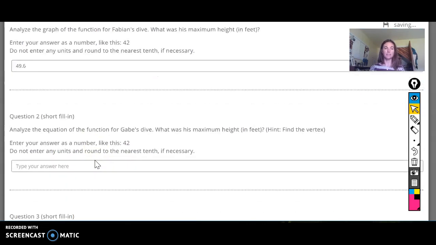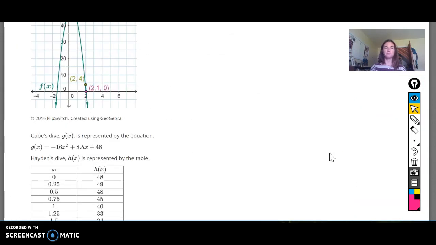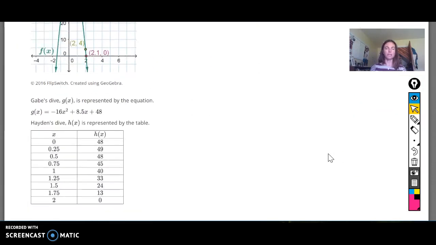Okay, the next question says, analyze the equation of the function for Gabe's dive. What was his maximum height in feet? They give us a really good hint here that we need to find the vertex. So if you'll remember from lessons past, in order to find the x value for the vertex, we're going to use the equation x equals negative b over 2a.